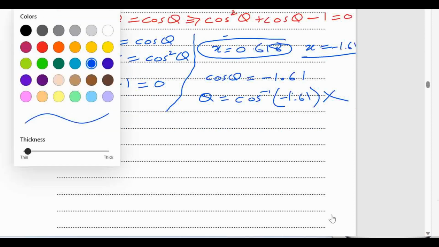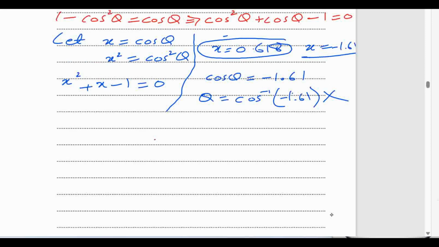Now for this one, cos theta is equal to 0.618. So theta will be equal to cos inverse of 0.618.